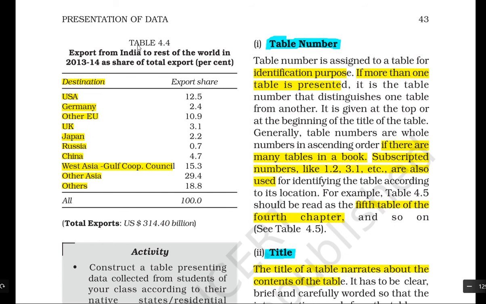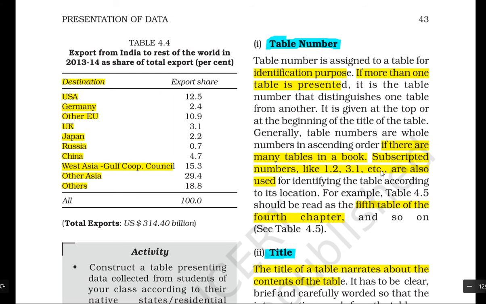The table number is used as a reference. If you are preparing one table, there is no issue of table number. But if there is more than one table, you have to assign a table number so that we can understand which table we are going to discuss. In books, you can see numbers like 1.2, 3.1.